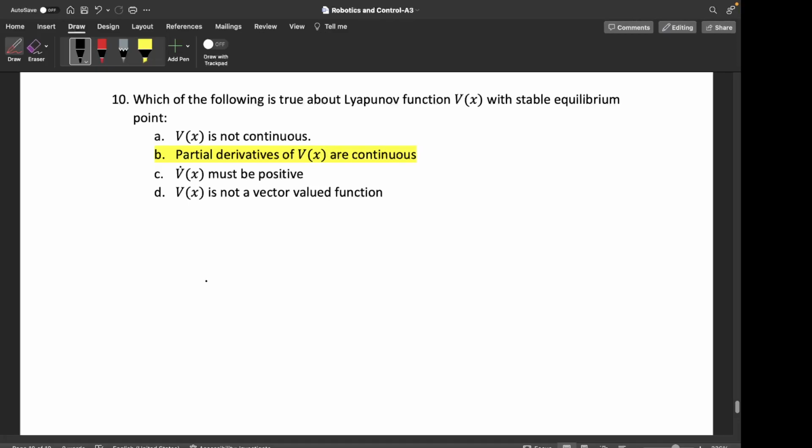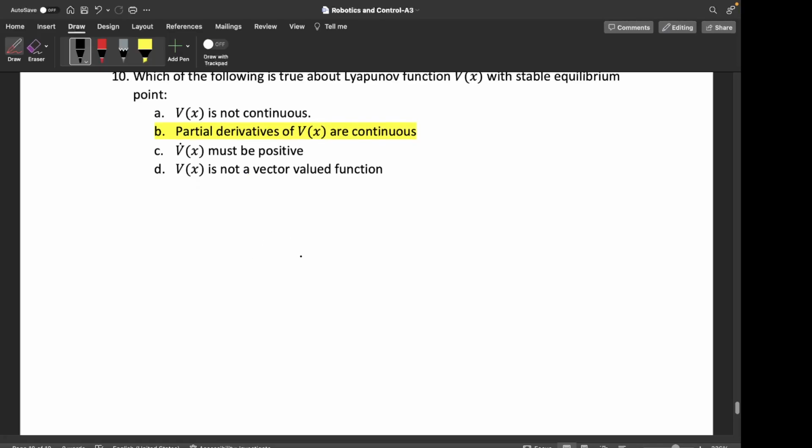So once again, a theoretical question based on Lyapunov functions. As I mentioned while solving question 2, Lyapunov functions should have continuous partial derivatives. So this is sort of just a fact.